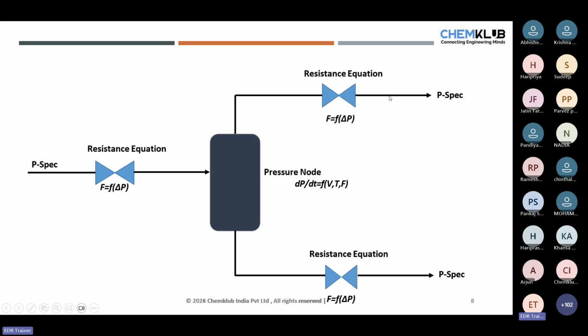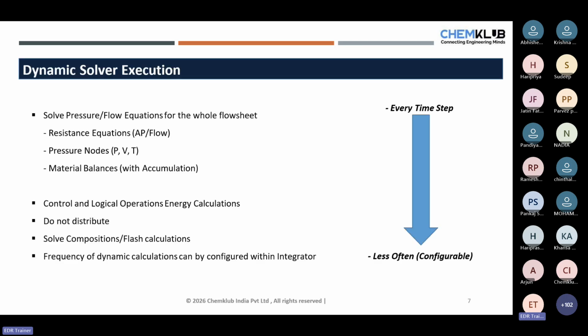The outflow will decrease, the material will accumulate, the pressure will rise, and the controller will respond. If we are having any controller in this, it will respond to that. That is how the system will work. And in dynamics, when you develop a model, it will also show the same behavior that you can see in the plant.